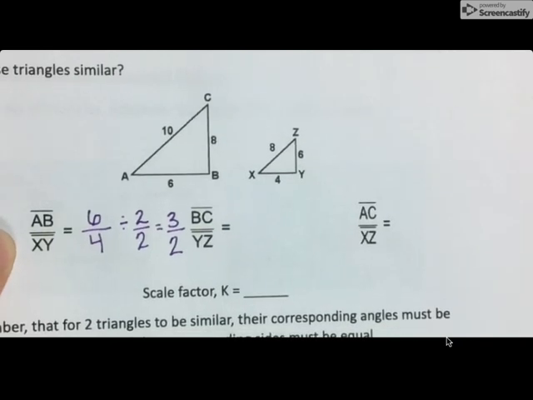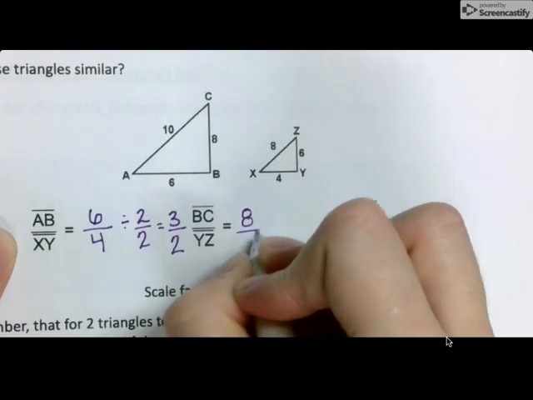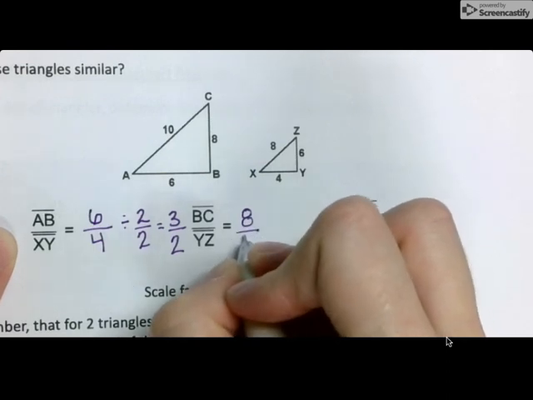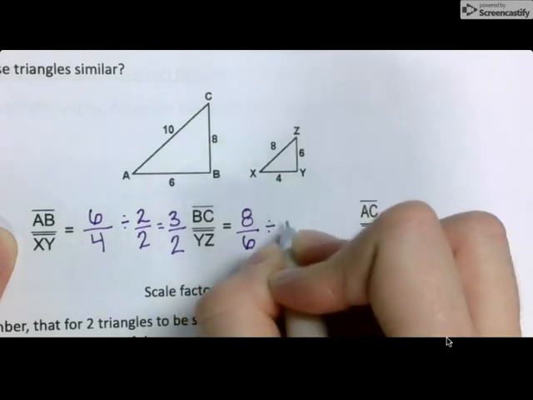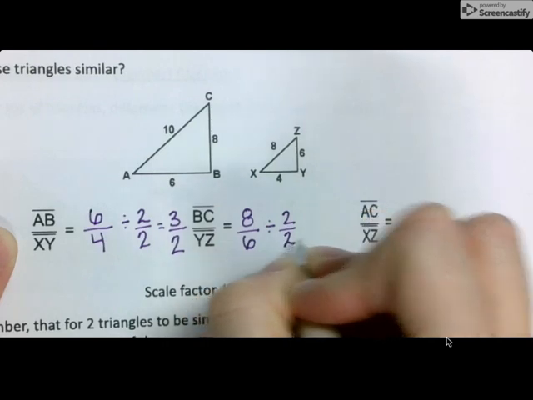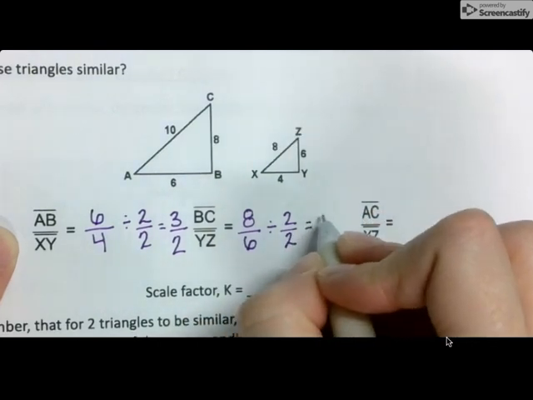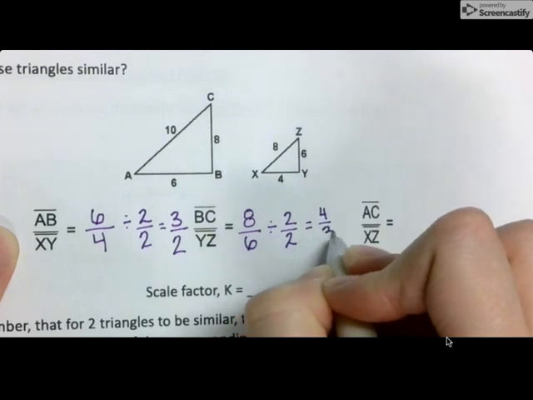So if I take BC, I have 8 over YZ, 6, divide both of those by 2, and I get 4 over 3.